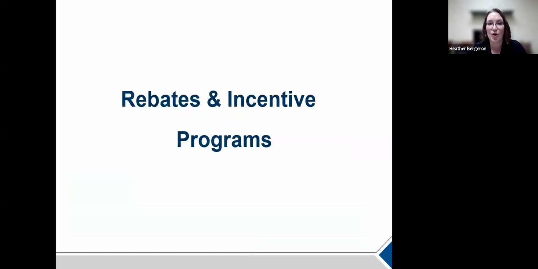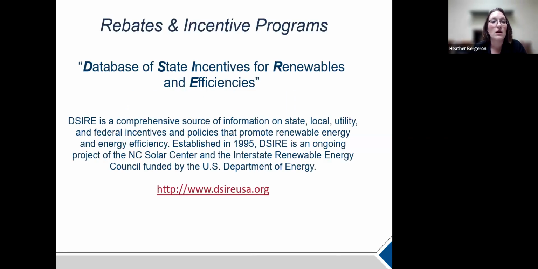Rebates and incentive programs. Database of State Incentives for Renewables and Efficiency. So here is a link to DSIRE. That's D-S-I-R-E. Please make sure you spell it right whenever you're going on the web to look up their information and what all information they can provide to you.